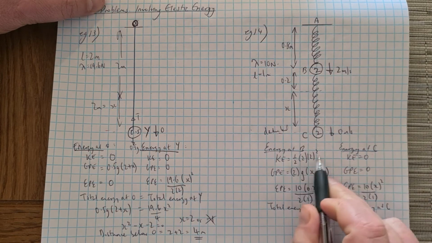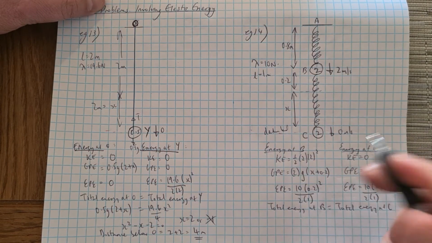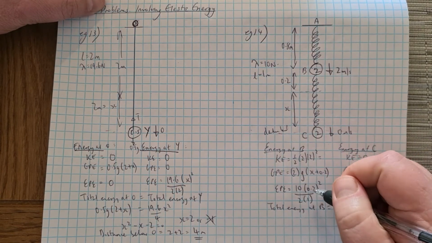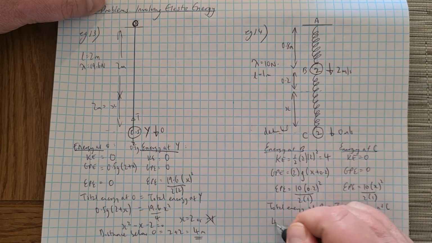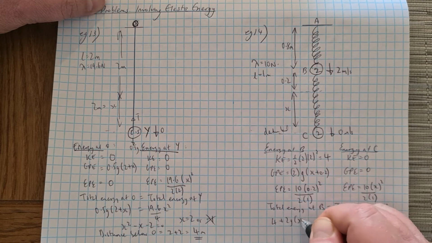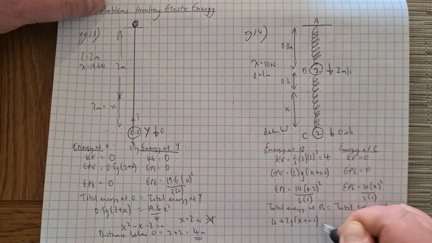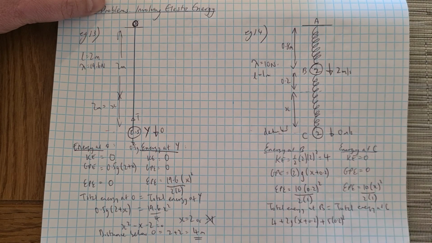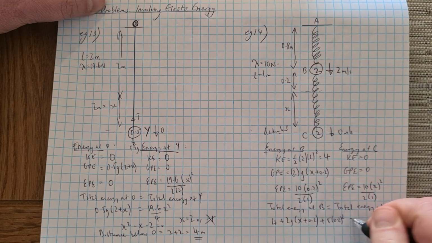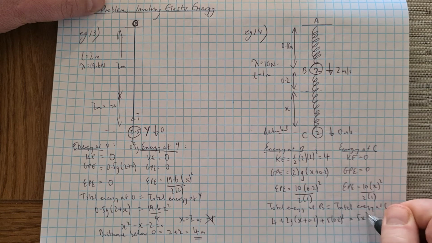So if we simplify some of these things out, we can see that that one straight away is just going to be 4. So we've got 4 plus 2g lots of x plus 0.2 plus 5 lots of 0.2 squared, just simplifying the 10 divided by the 2, and that's going to equal 5 lots of x squared.